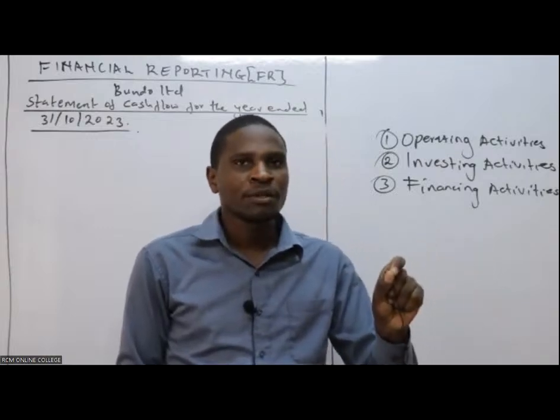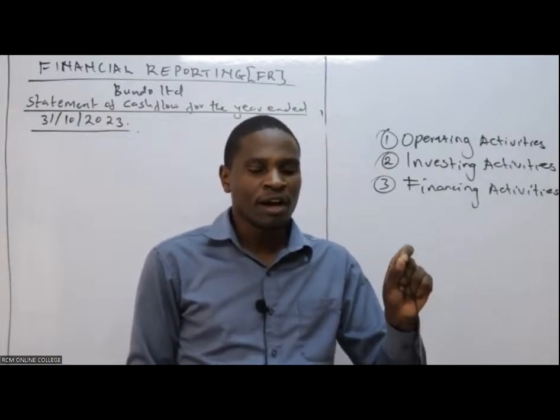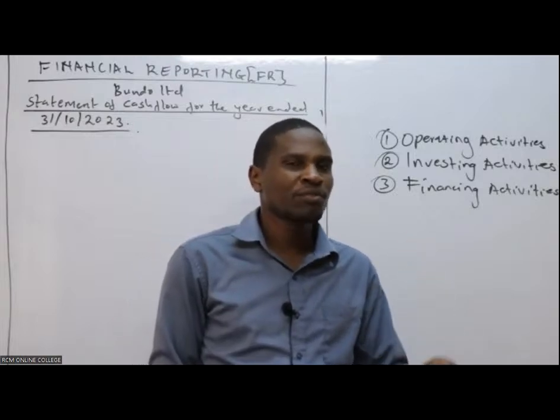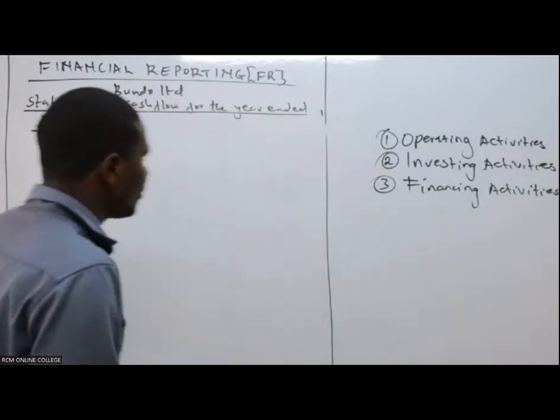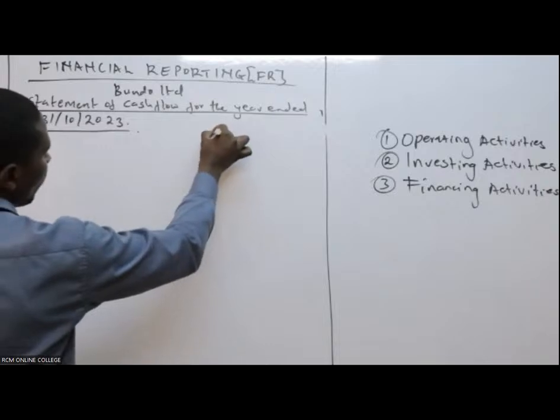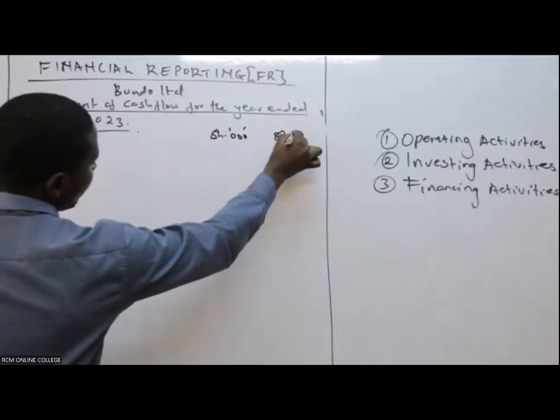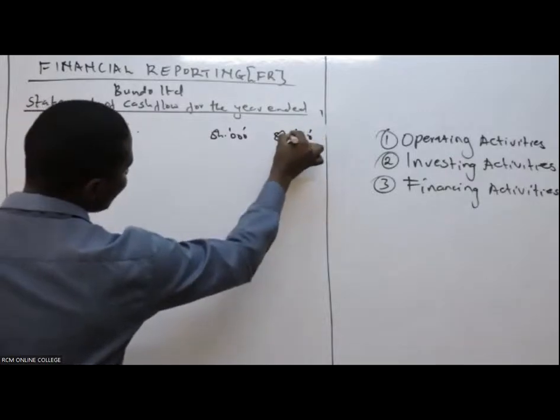In our case, 3 zeros are eliminated. Therefore, we shall be eliminating 3 zeros, so our figures are in thousands. Very, very important.